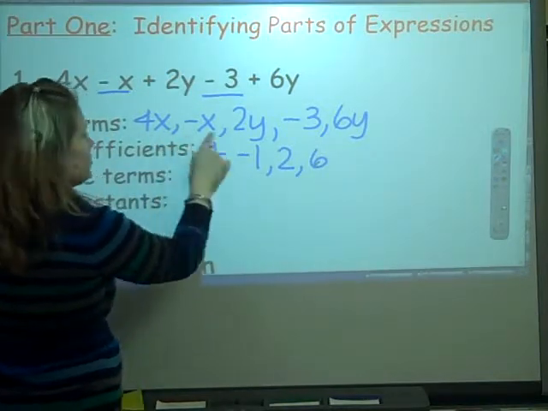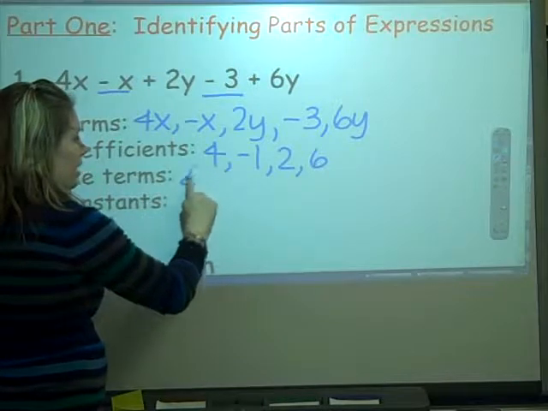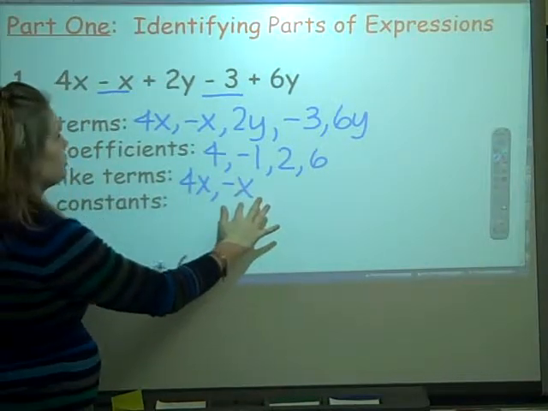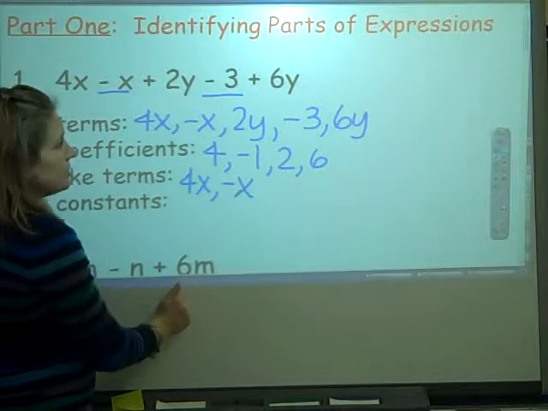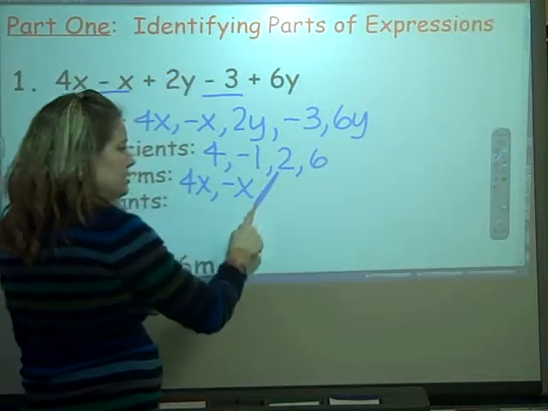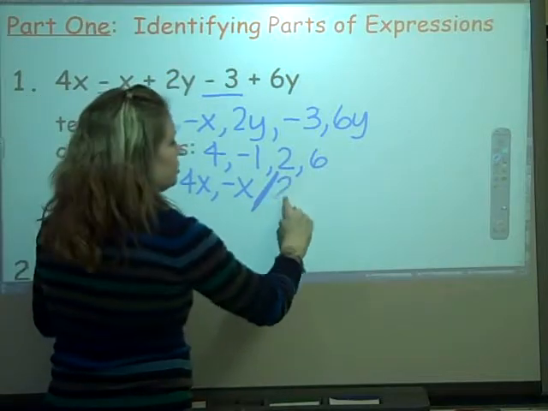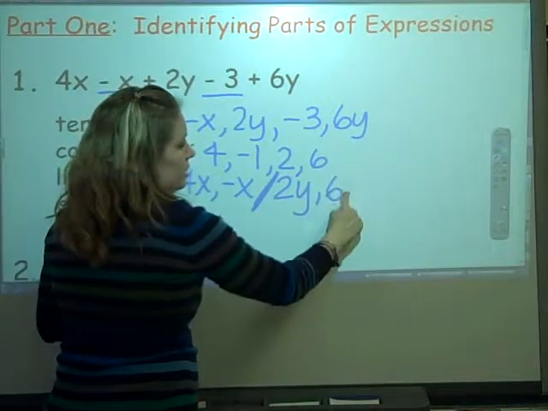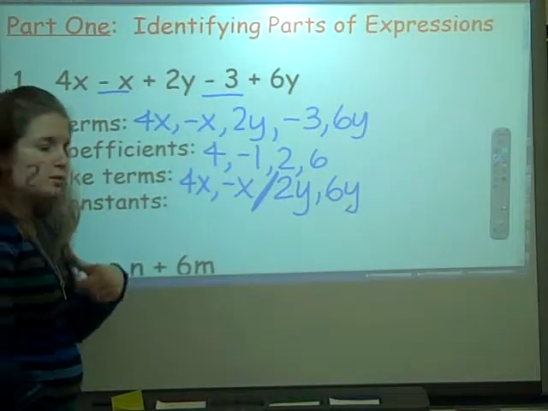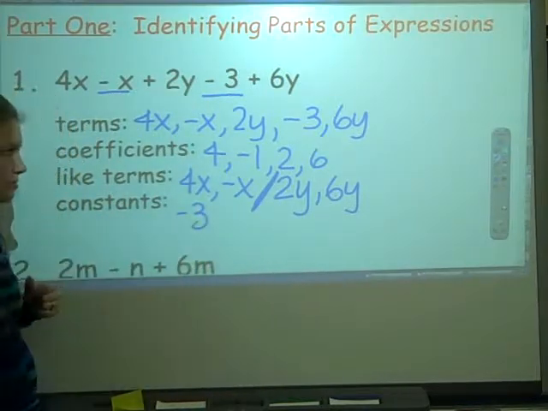The like terms would be our x's, so we would have 4x and negative x. That would be one group because there's no other x's. The y's would be 2y and 6y. So I'm just going to put a big slash to separate them and write 2y, 6y. Constant, that's the plain numbers, would be negative 3.